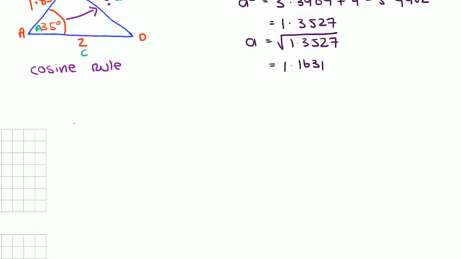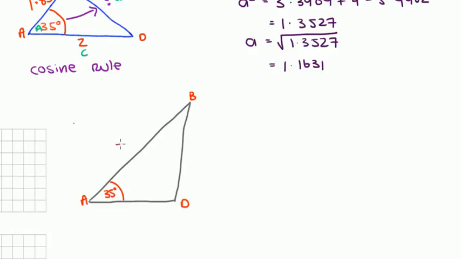The triangle I'm going to pick out this time is going to be ABD. Again, filling in what I'm given, our 35-degree angle. We found AB was 3.66, and we know AD is 2. I'm looking for the same kind of patterns to decide whether I'm going to use cosine rule or sine rule.